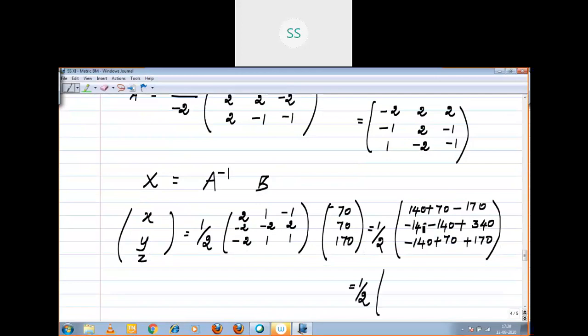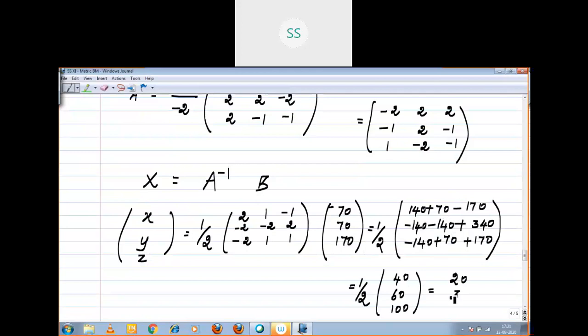Now this is equal to 1 by 2 into 140. Here you see minus 170, that means you will get 40. Next, minus 140 minus 140 minus 280, 280 plus 340 is 60. Here you see minus 70, then 170 minus 70 is 100, which is equal to 2.